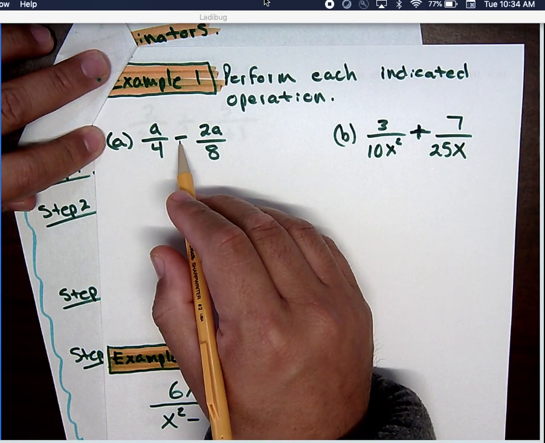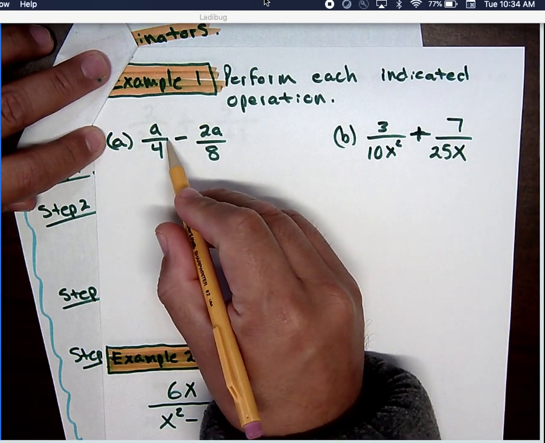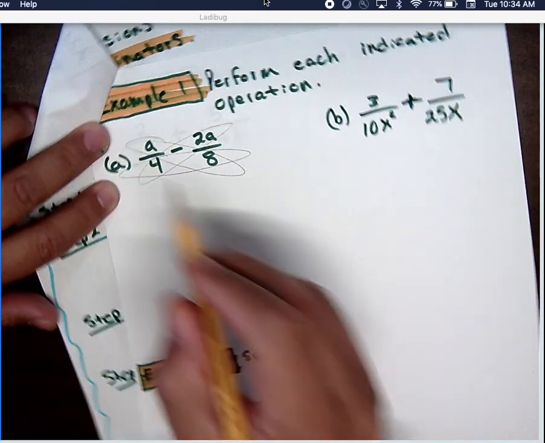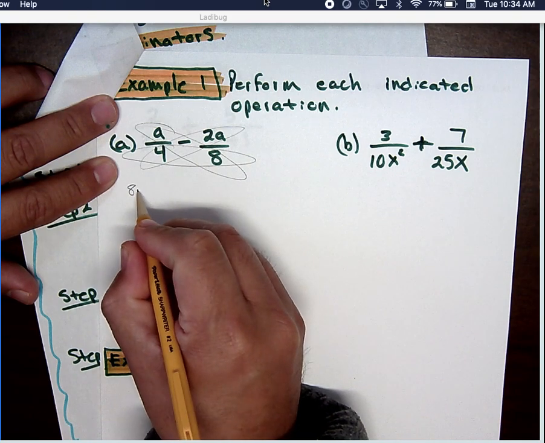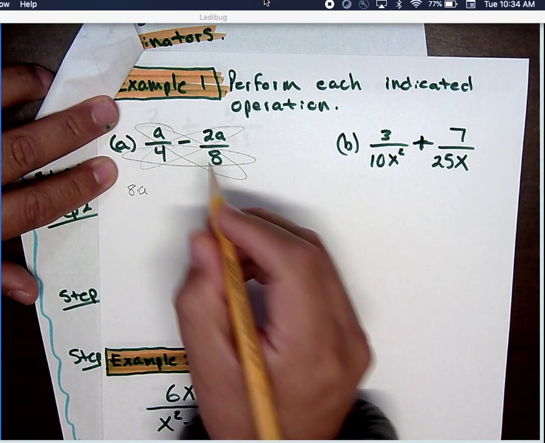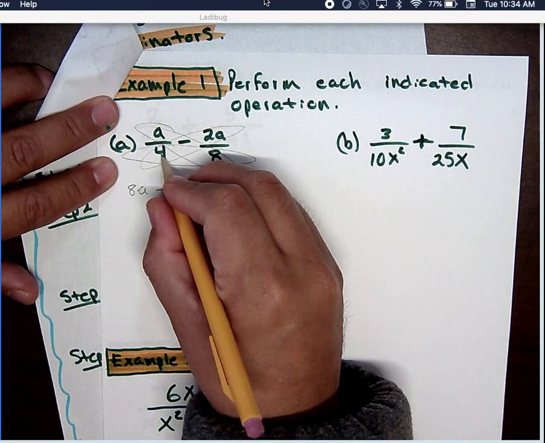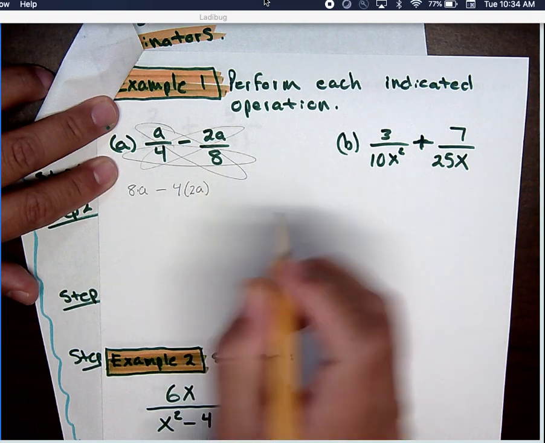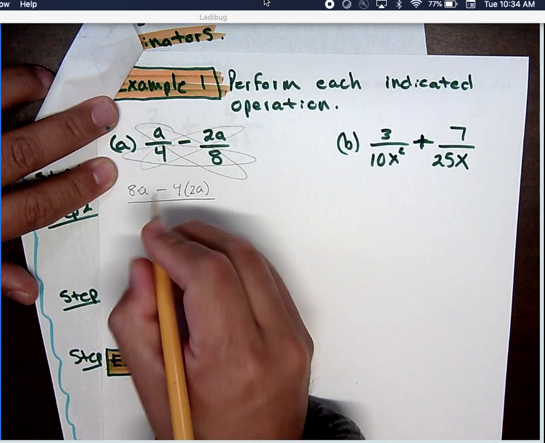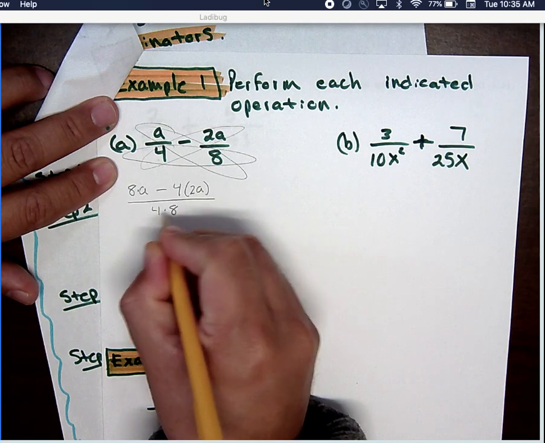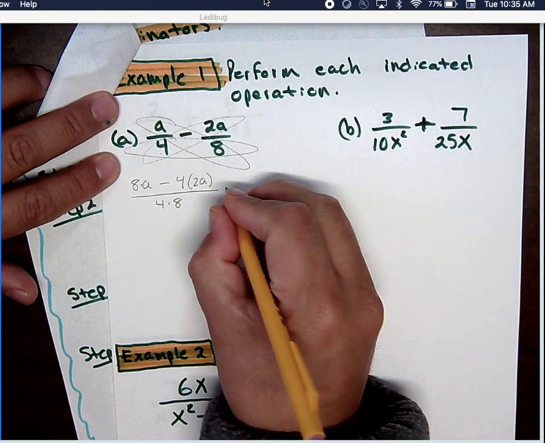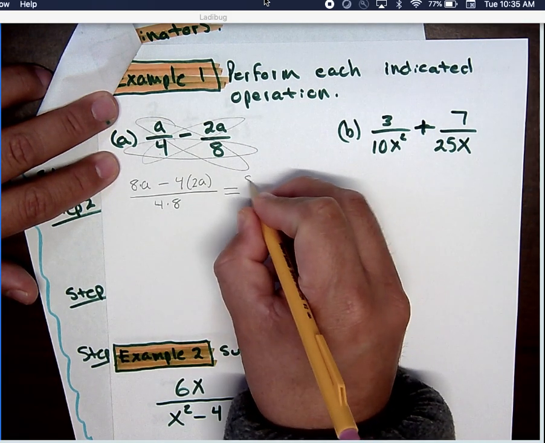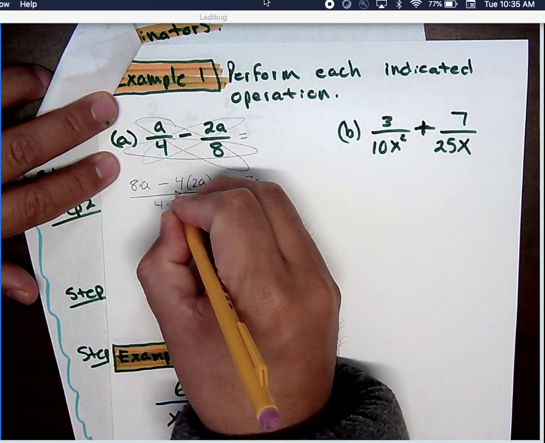They want you to subtract these ones. So for each, I'm going to do the butterfly method. So a times a, this times that, minus 4 times that, 4 times 2a, over 4 times 8. So that's what they mean by equivalent: 8a, this is equivalent to that, and that's equivalent to this.